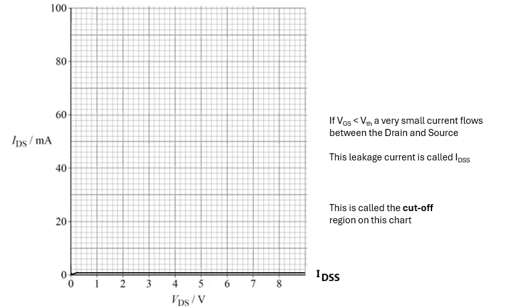This leakage current is called IDSS, okay? And this is called the cutoff region. Basically, the transistor is turned off, and on the graph, it's the cutoff region, which is this. It shouldn't even be on the graph because it's such a tiny current, but it's this area here where the transistor's turned off. Nothing's happening.